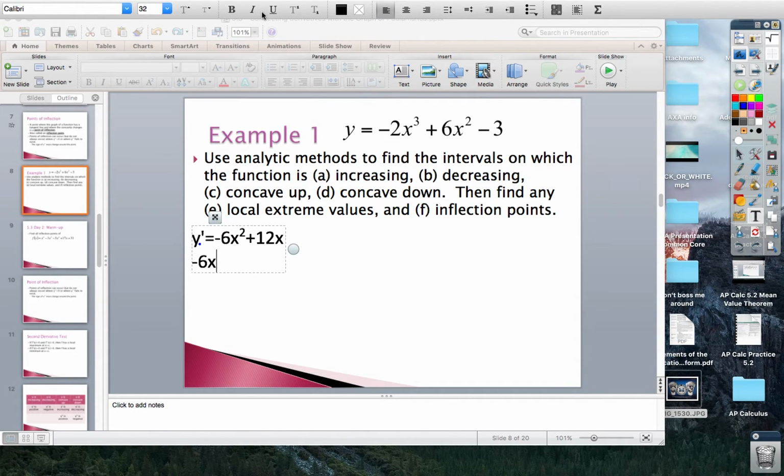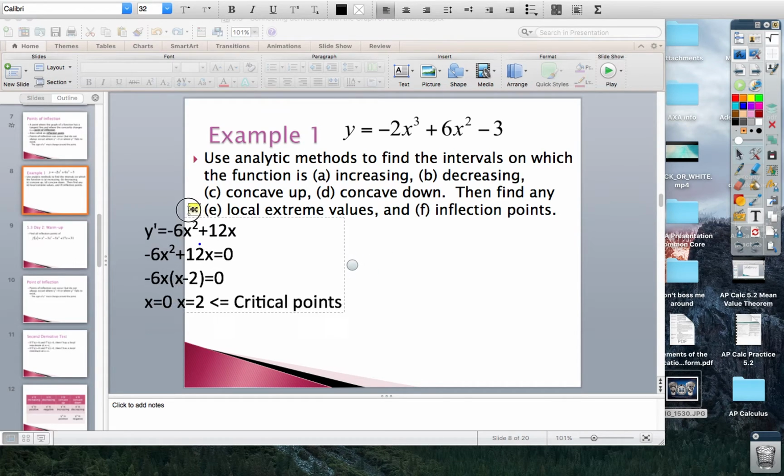Now we set it equal to 0, and we get negative 6x times quantity x minus 2 equals 0. We get x equals 0 and x equals 2. Now these are our critical points.